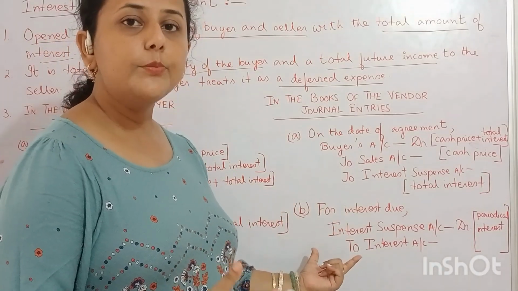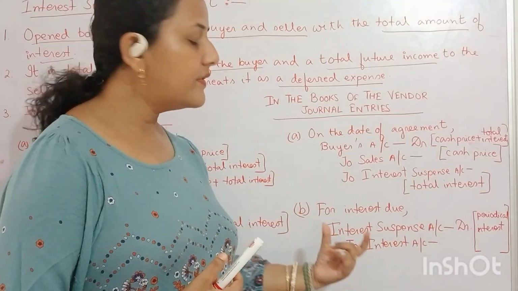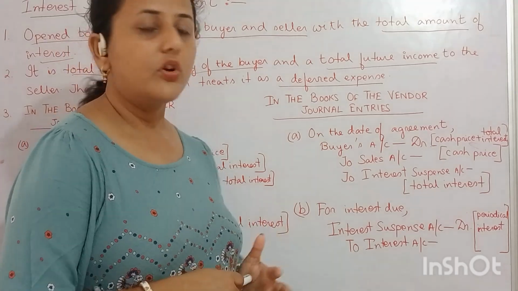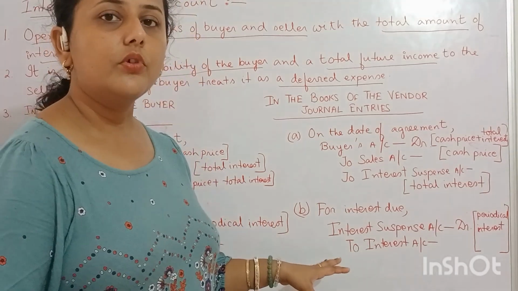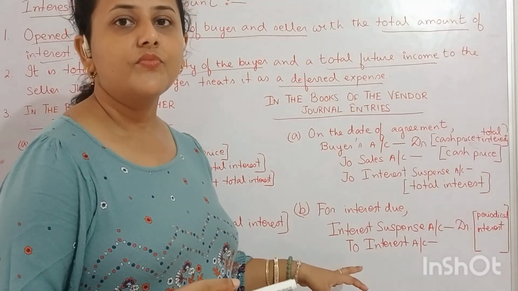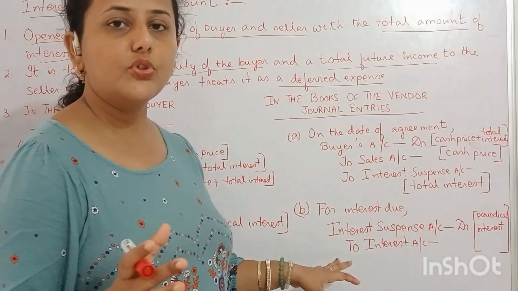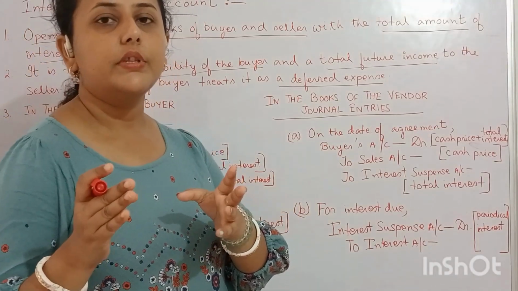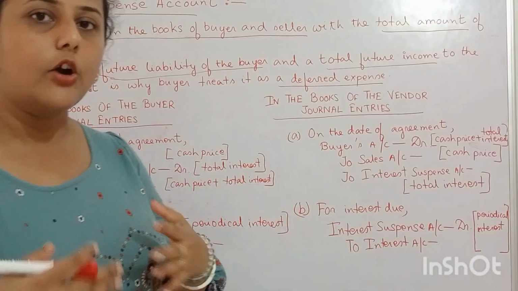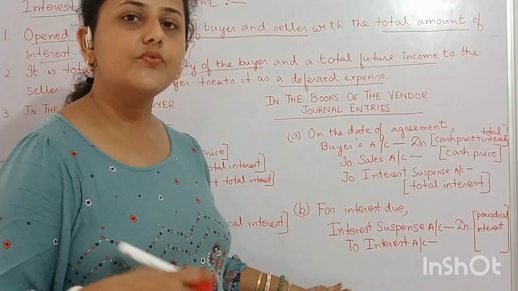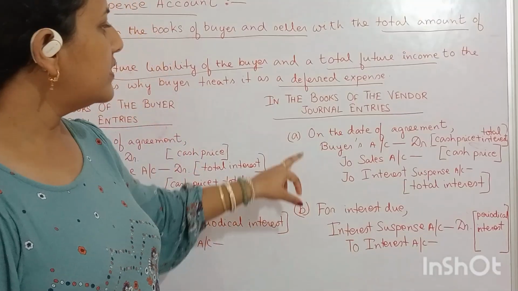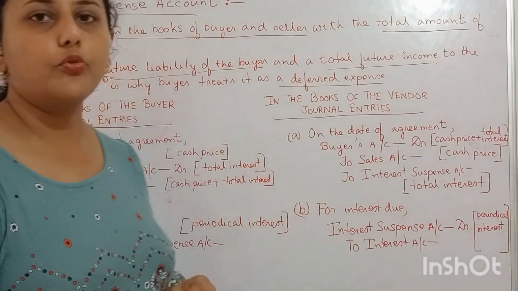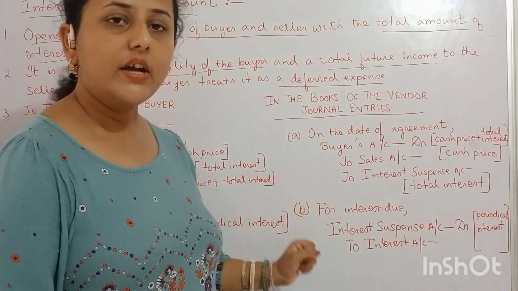And for receipt of periodical installments, for interest being due, and transfer of interest to statement of profit and loss account will be passed year after year, whatever is the number of installments. It may be paid monthly, quarterly, half yearly or yearly. However it is paid, these three entries will be passed repeatedly. And on the date of agreement, another entry for the receipt of down payment. I hope you have understood this.